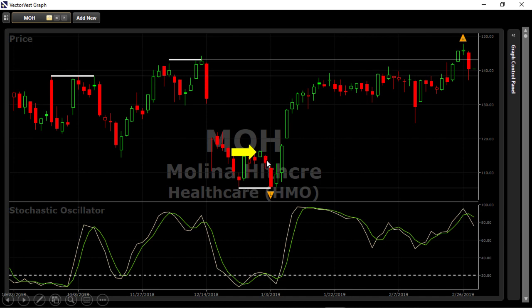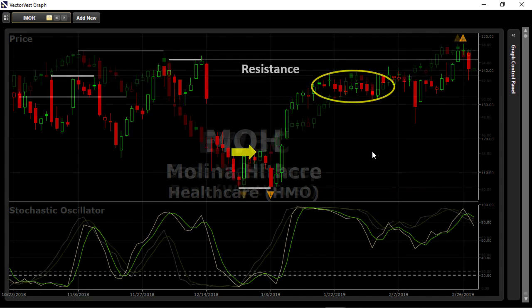There's a support level. Did the stock's price break down through that support level? It did not. That money management, that trade management, allowed us to stay in until price reached the next resistance level and it kind of retraced from it. I wouldn't have blamed you if you take your gains off the table at that point.